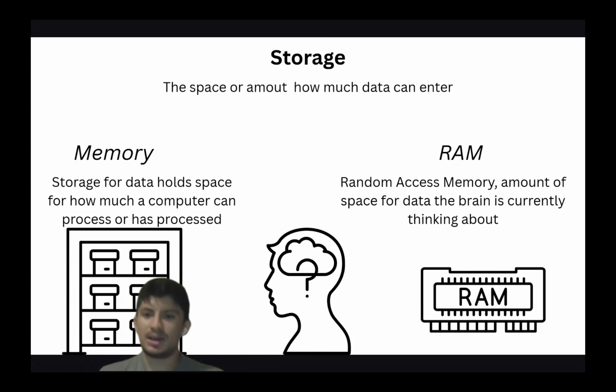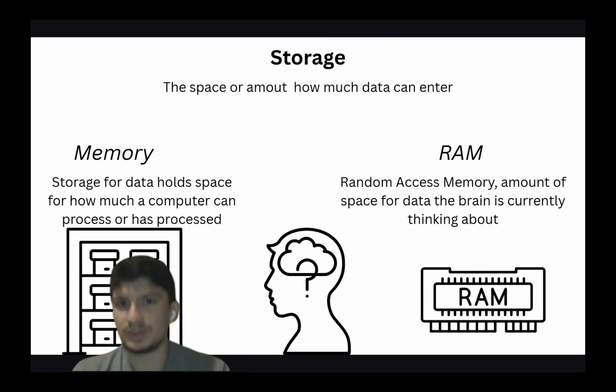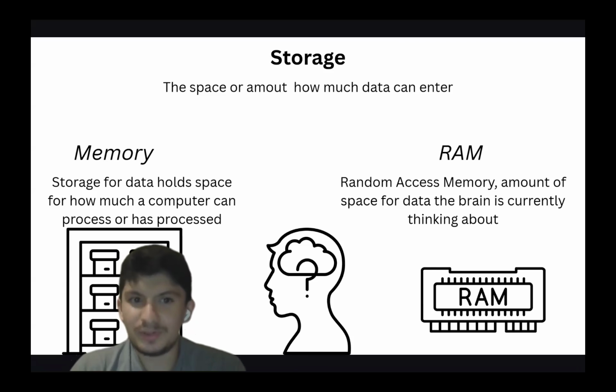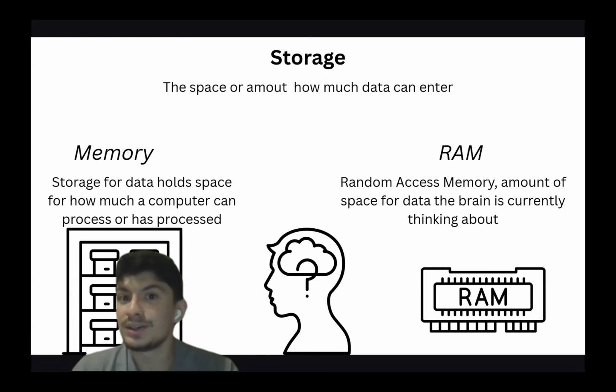Now, storage happens all throughout the system, or how computers process data. You need to know how much data can enter and how much data the brain can process at a time, which is known as RAM, or random access memory.